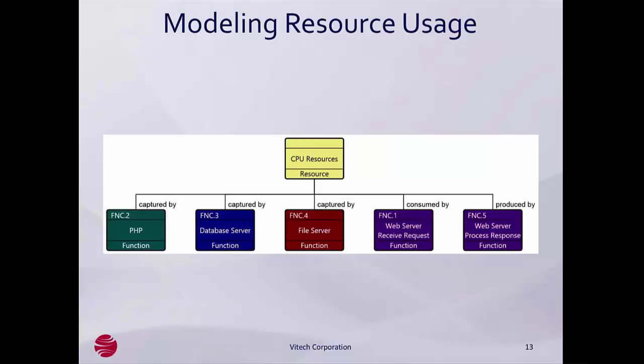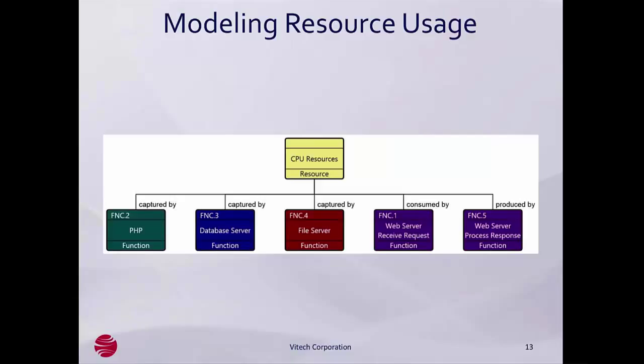For the Moodle server, the available CPU resources will constrain how much work the server can handle. To represent this in the model, I have used the resource captured by function relationship, or the consumed by produced by relationship. As shown in the slide, each function either captures, consumes, or produces some of the CPU resources.